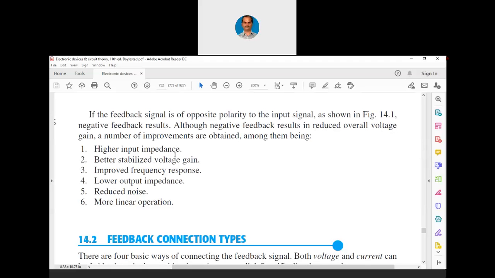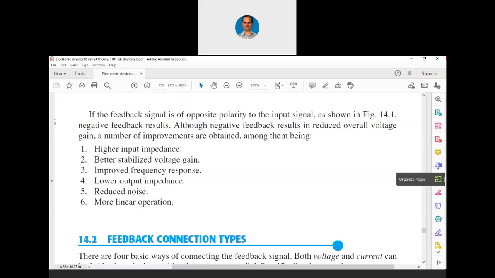Among them being, the first one is higher input impedance. The second one is better stabilized voltage gain. The third one is improved frequency response. The fourth one is lower output impedance. The fifth one is reduced noise. The sixth one is more linear operation.